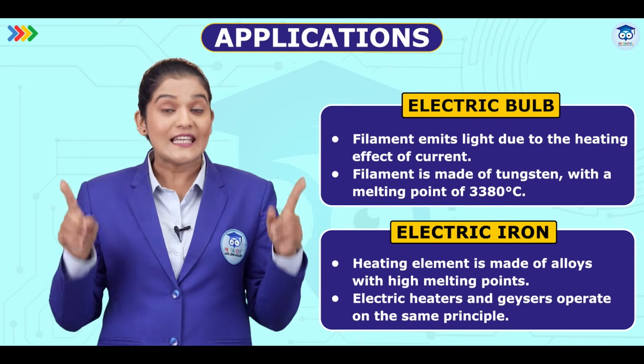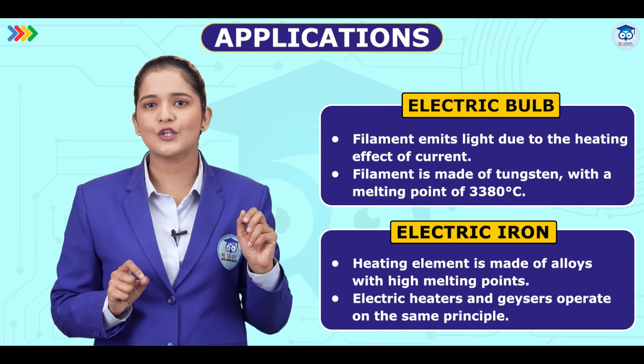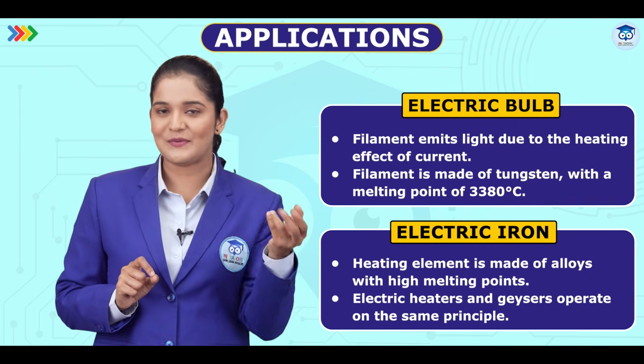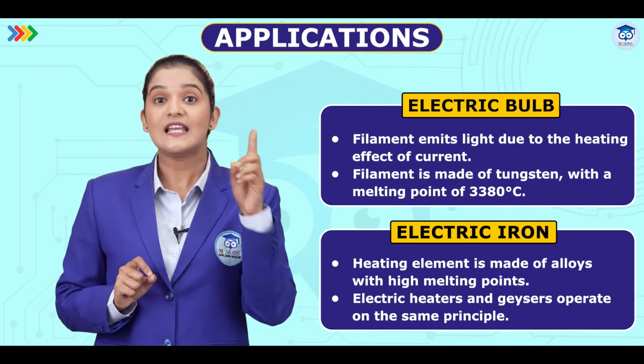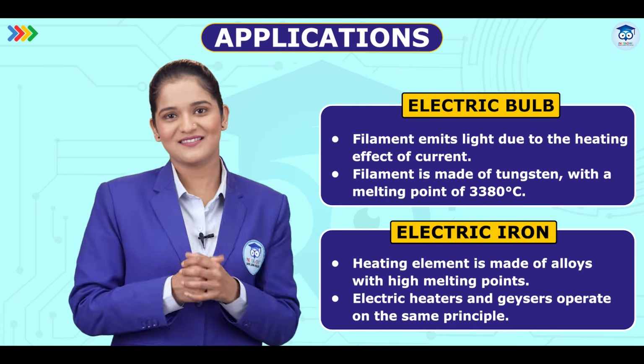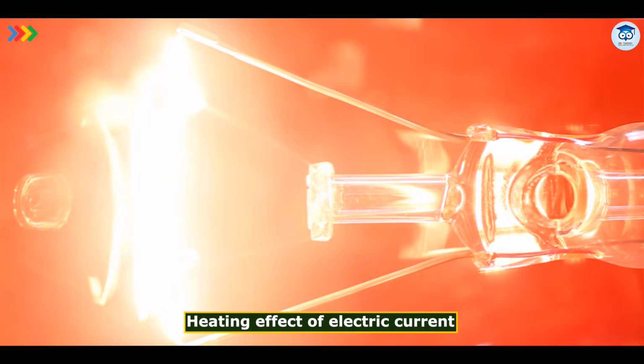Moving on, the heating effect of electric current finds several practical applications in everyday electrical appliances. One of the most familiar examples is the electric bulb. The filament inside the bulb emits light as a result of the heating effect of current.